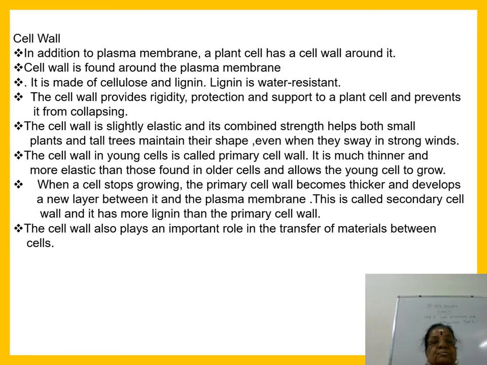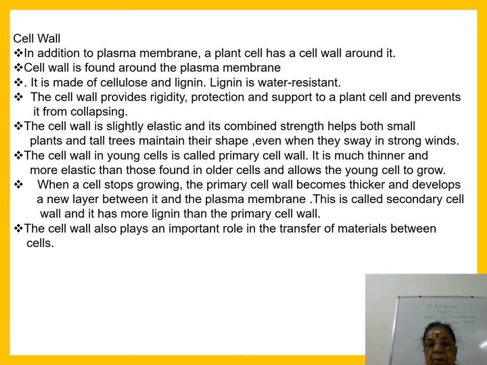The next one is cell wall. This cell wall is present in the plant cell. In addition to plasma membrane, a plant cell has a cell wall around it. We saw in the second presentation the definite cell wall in green colour. Cell wall is found around the plasma membrane.